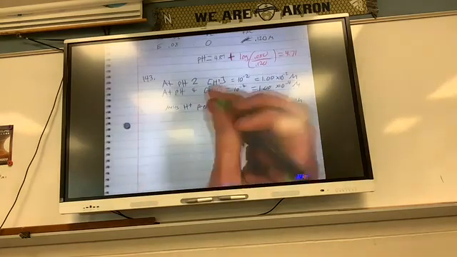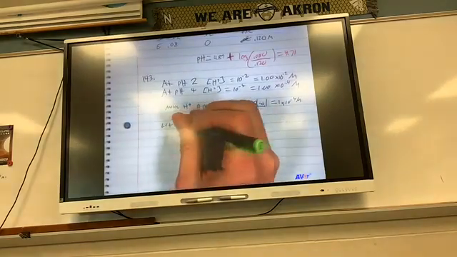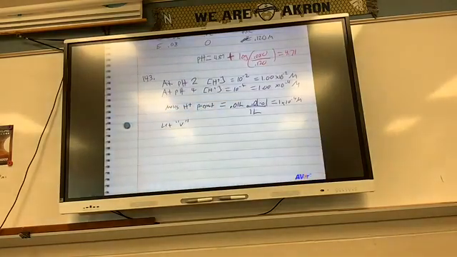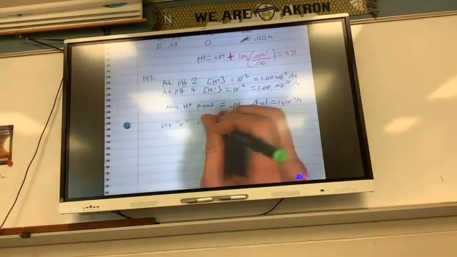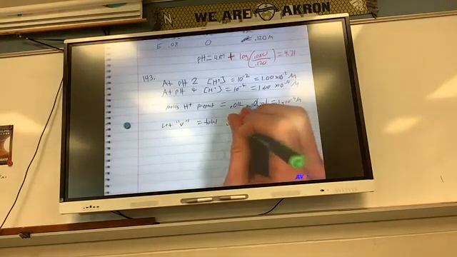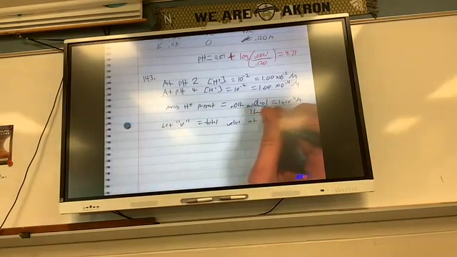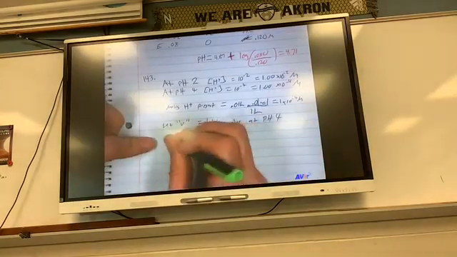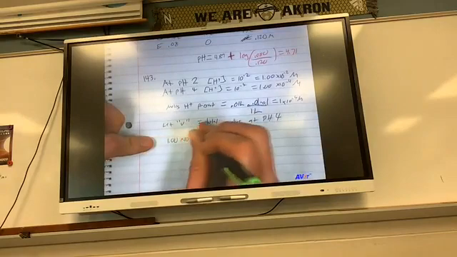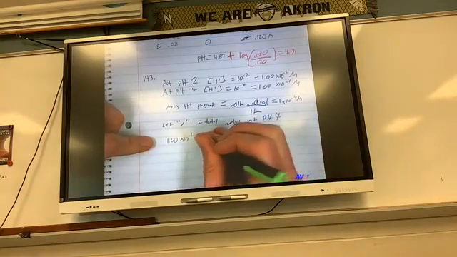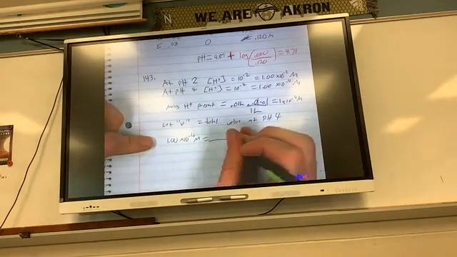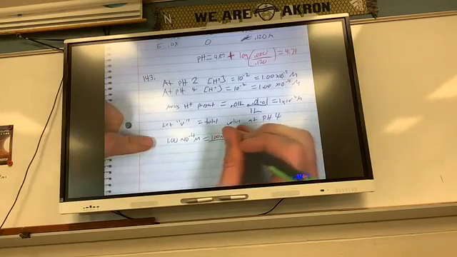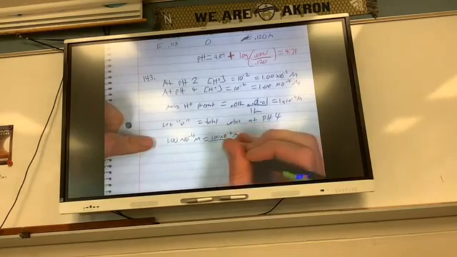After that, I said, let V, my unknown volume, equal the total volume at pH of 4. So I'm going to take my 1.00 times 10 to the negative fourth molar, and that's going to equal the 1.00 times 10 to the negative fourth molar over V.